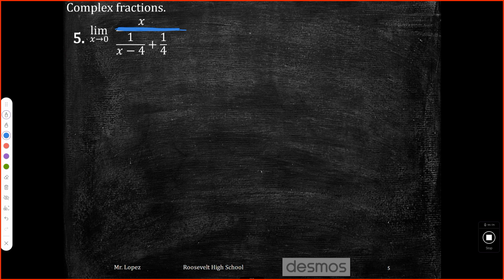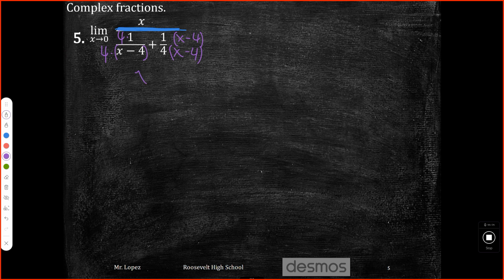So what we want to do is have a common denominator here at the bottom. So you got x minus 4. So you need x minus 4 here on the right side, and x minus 4 here on top. The first one needs a 4 and a 4 here. Now we have a common denominator.